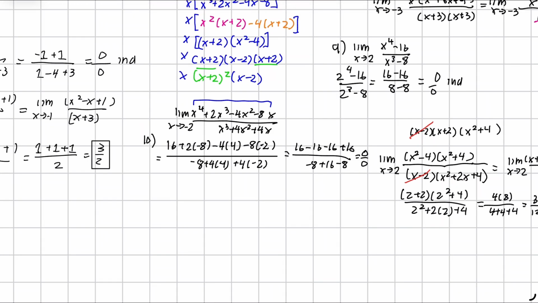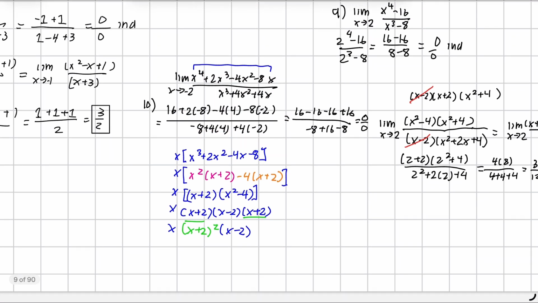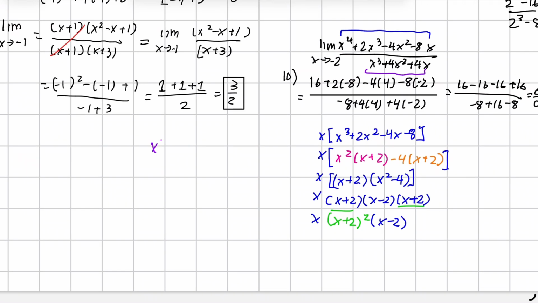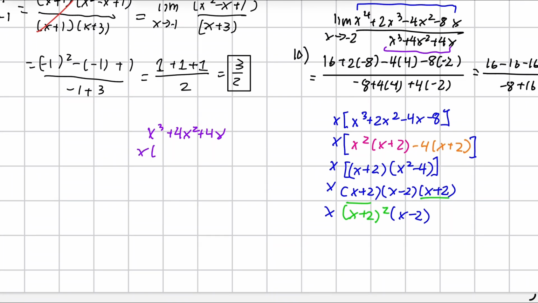Let's talk about our denominator. In the denominator, we have x cubed plus 4x squared plus 4x, right? So we get x times x squared plus 4x plus 4. That is x times x plus 2 squared.